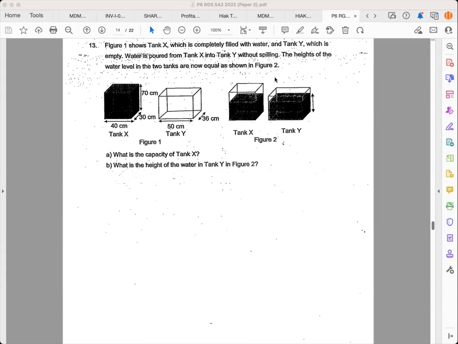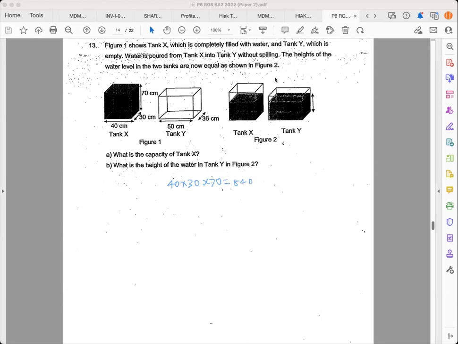By reading this question, we can see that all the water is in tank X. Because tank X is completely filled, the amount of water we are dealing with is 40 multiplied by 30 times 70. That is the total amount of water we're dealing with.